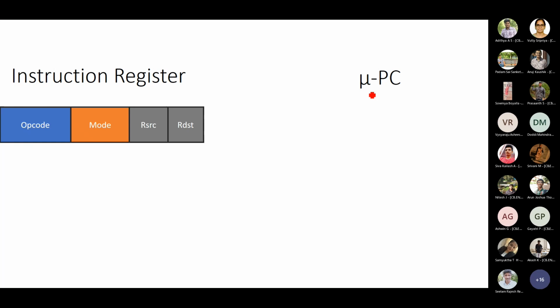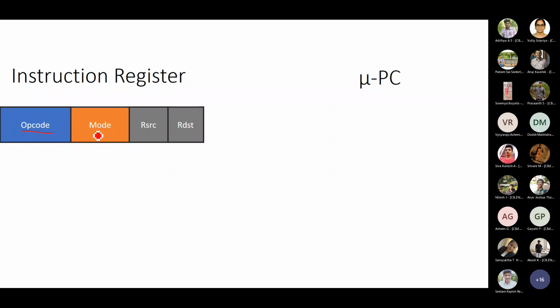So instruction register, I have divided it into different sections. The opcode depends on what type of instruction it is. So here we are going to discuss the add instruction throughout. So opcode could be any number of bits, depending on how many types of instructions your computer can take in. Depending on that, the size of the opcode field can be decided.